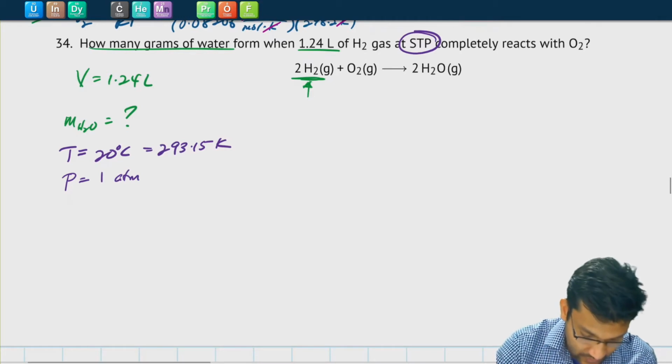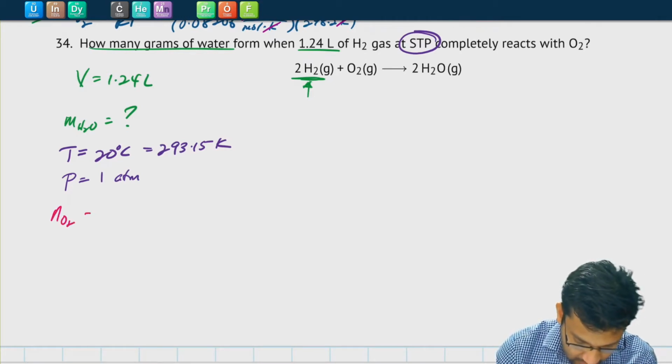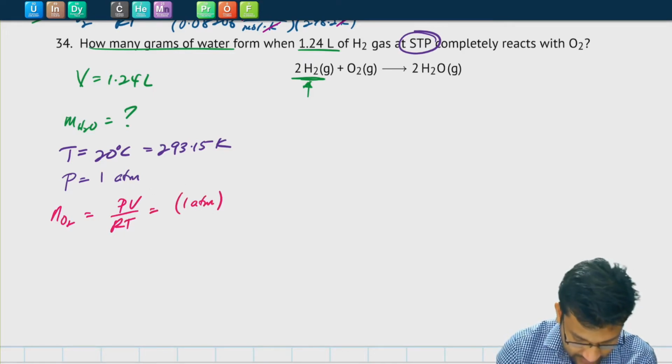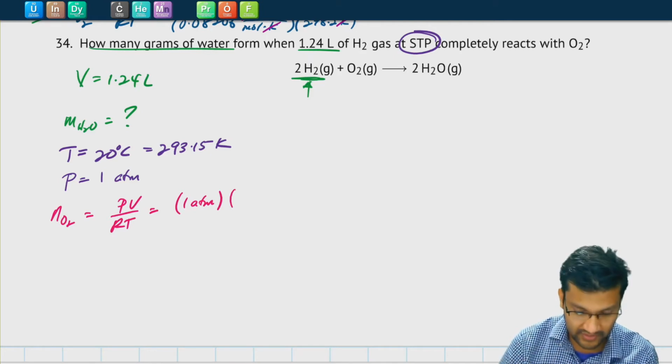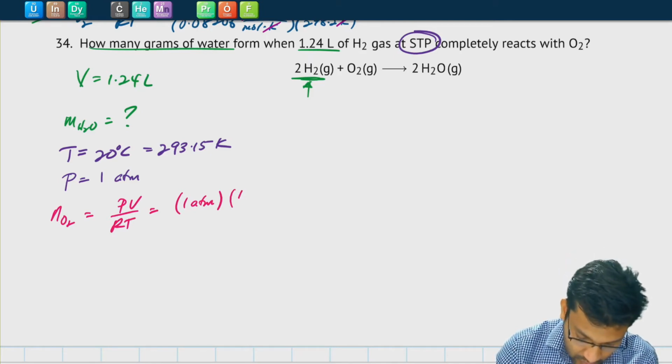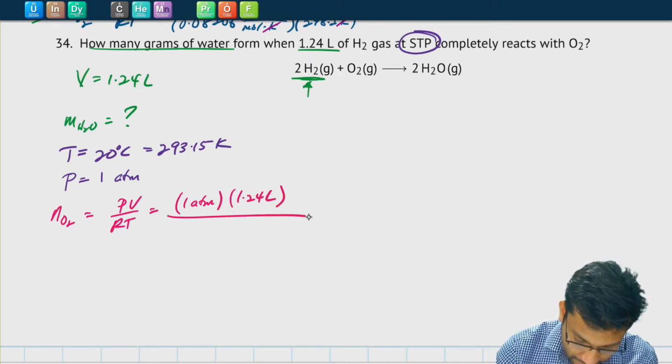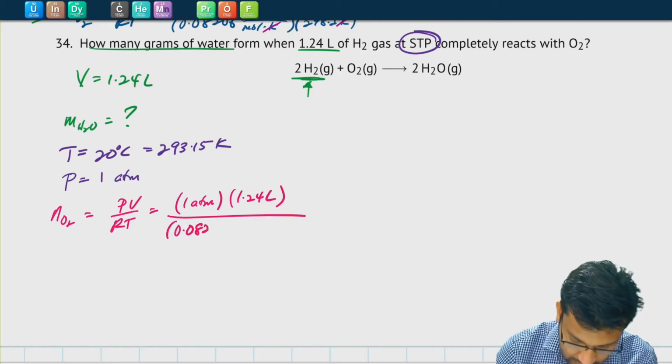We can find the number of moles. Number of moles will be PV over RT. Pressure is easy, exactly 1 atmosphere, so it's not 1 sig fig, it's infinite sig figs. Volume is 1.24 liters. R is 0.08206 liters atmospheres per moles Kelvin.